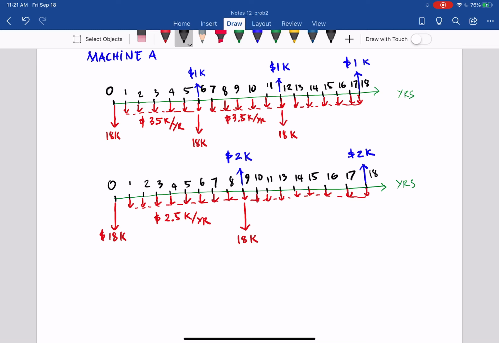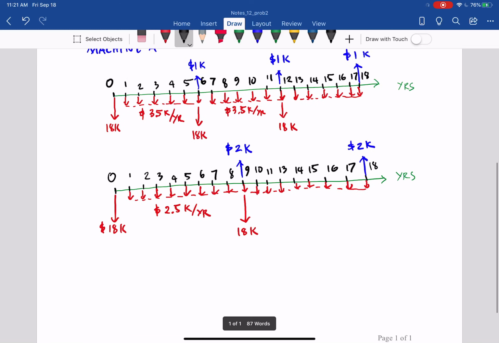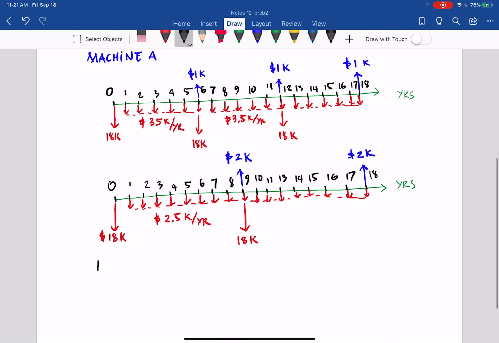So from that we can have the NPV for each one. So let's see the NPV for machine A. That becomes easy when we draw the cash flow diagram. So we have 11K negative for A, and then the 3,500 per year from year 1 to year 6, 7 to year 12, 13 to 18.